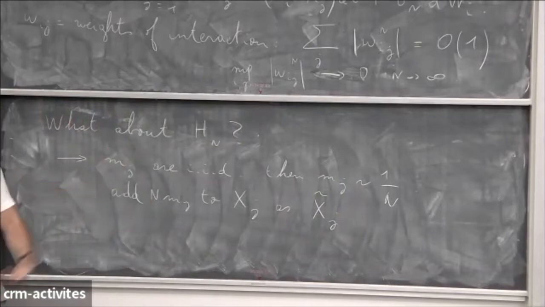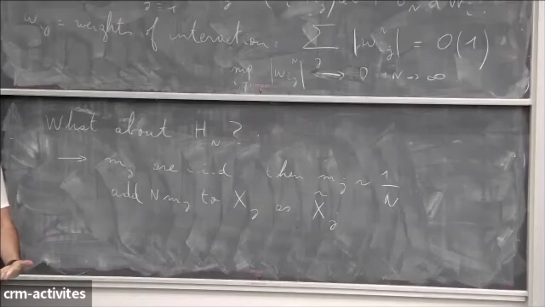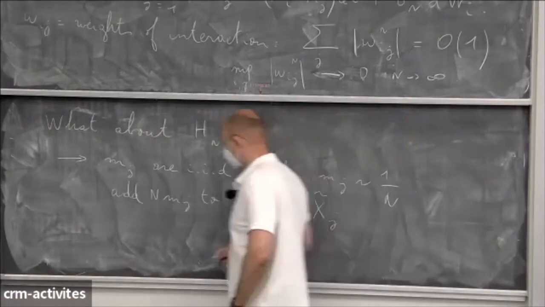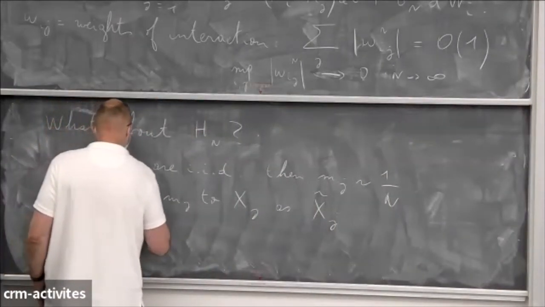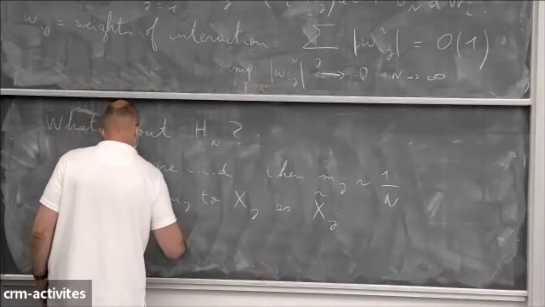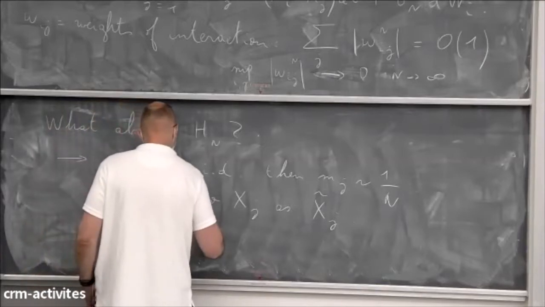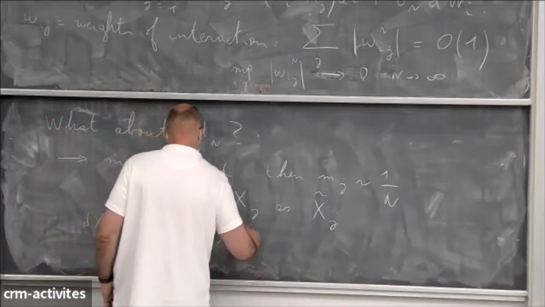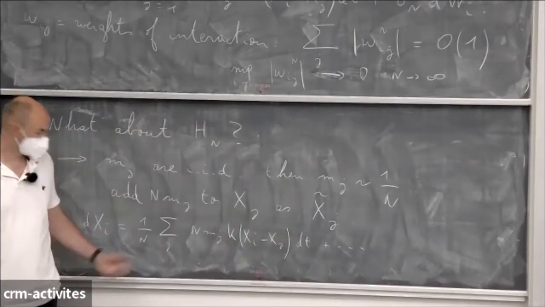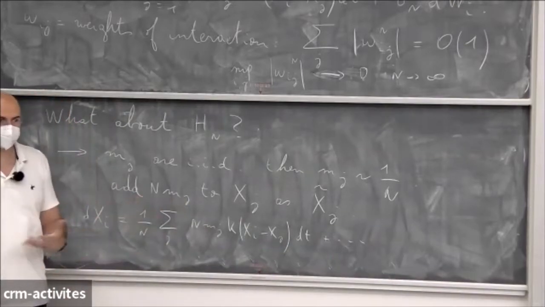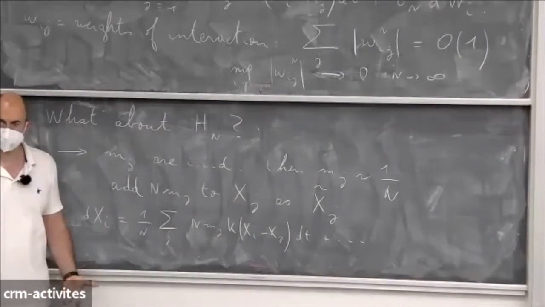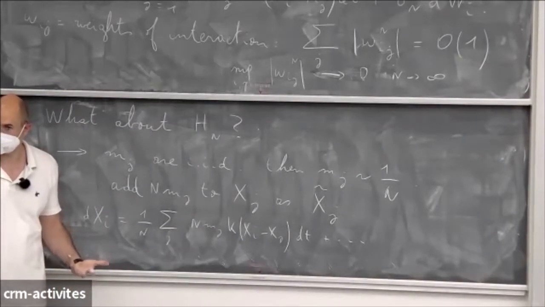You put the 1 over n in front of everything, and now you feel like you are pretty much back to the classical case of exchangeable system. Because here I can write things as dxi is equal to 1 over n, the sum over j of n mj k of xi minus xj. This is just part of your vector state. So in a case like that, there's a lot of reason to believe that you can extend the entropy approach in a relatively nice manner.